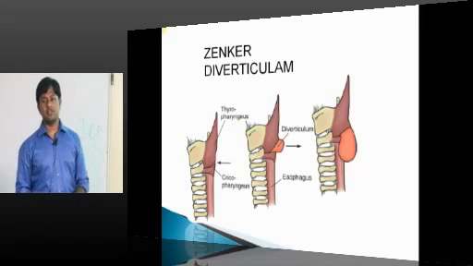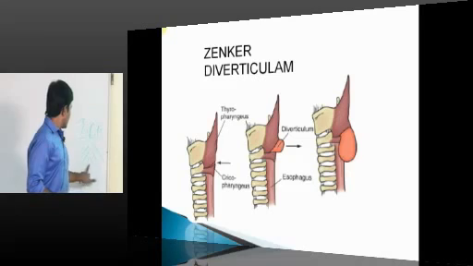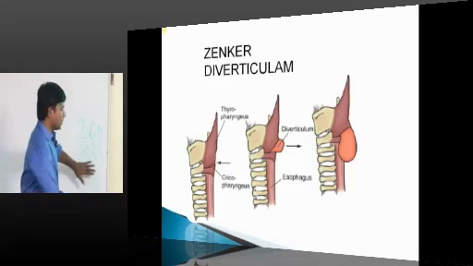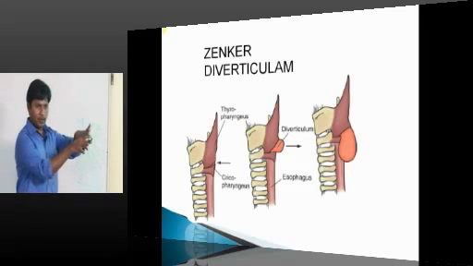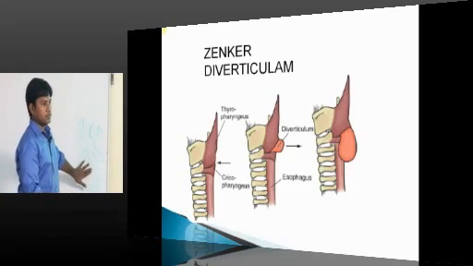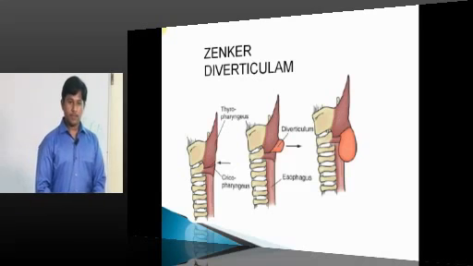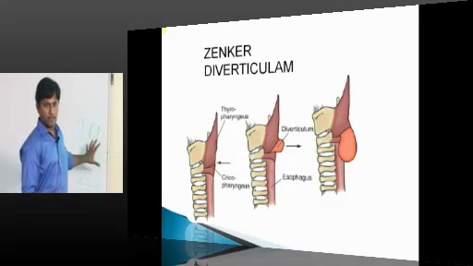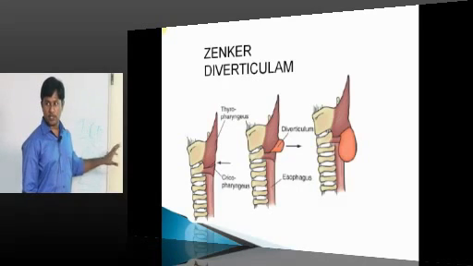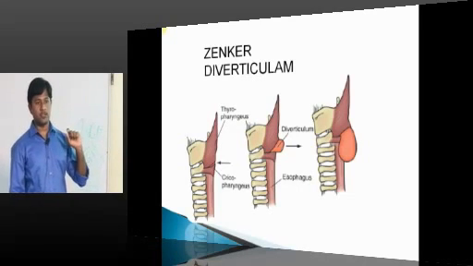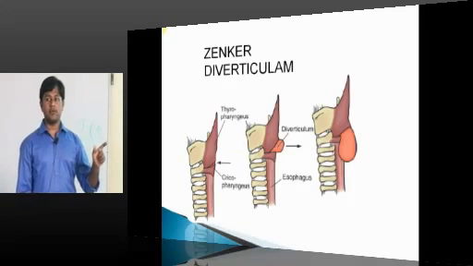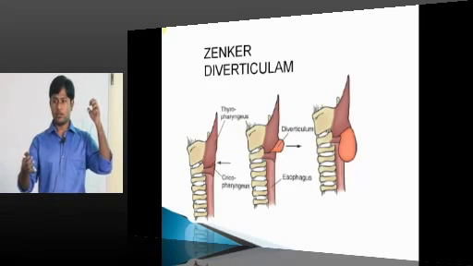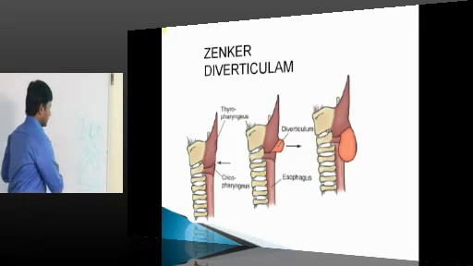Why is there a weakness in this area? Actually, anatomically everything will be closed, no opening. Even though they are from the same muscle, the inferior constrictor, it is supplied by two different nerves. Because of the incoordination between these two, one is pulling, one is pushing, so there will be a weakness.